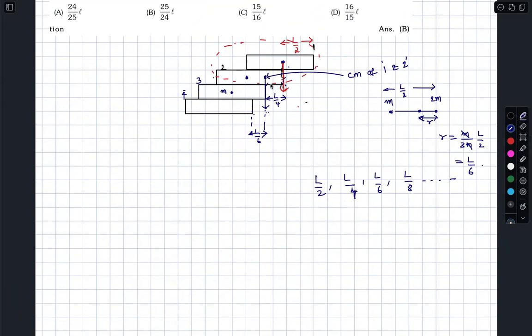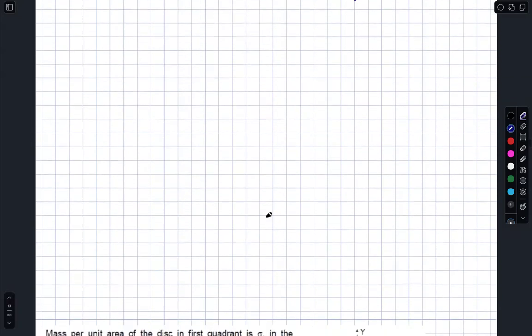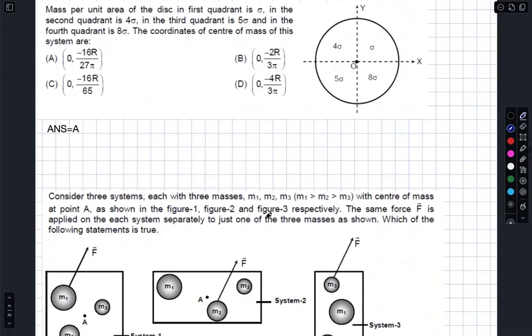So here the center of mass has to pass through this end, whereas at this point you will have the center of mass of 3, 2, 1. Likewise, you need to go through the sequence. Any doubt on this, please ask me right now.